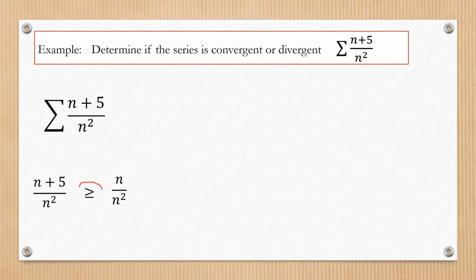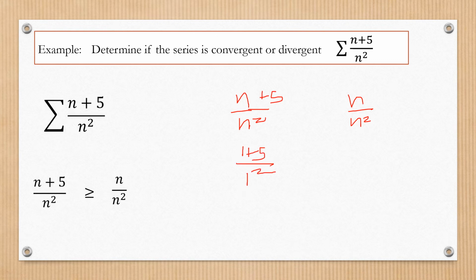Now, let us try to see if this is correct. Let us have n plus 5 over n squared, and the other one n over n squared. Let's say we have n as 1, so we have 1 plus 5 over 1 squared, and the other one is 1 over 1 squared.